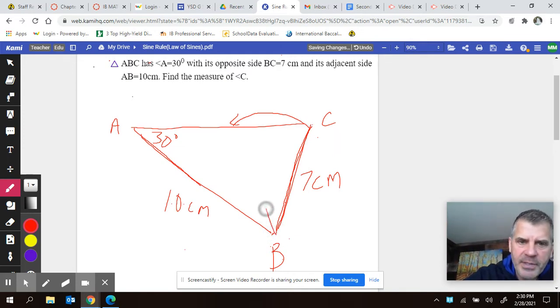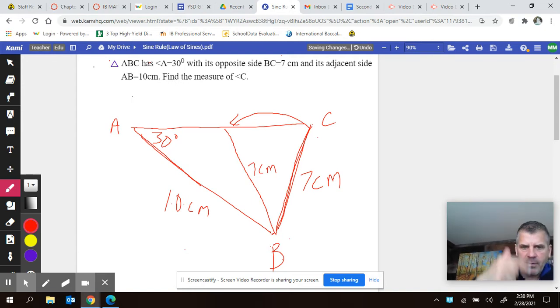You could also have the same measurements where this is 7 centimeters, this is still 10, and angle A is still 30. So what creates this problem? It's all about when you have an acute angle within your triangle that is opposite the smaller of the two sides. This creates an ambiguous case, a situation where you could have angle C looking like that, or angle C looking like that.